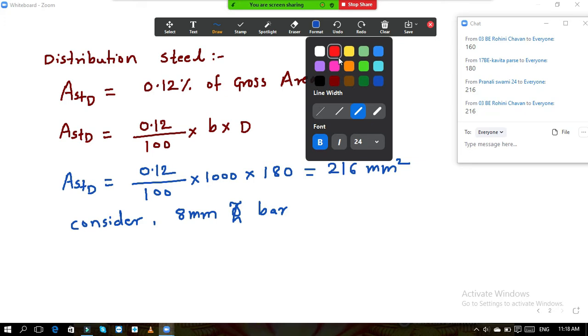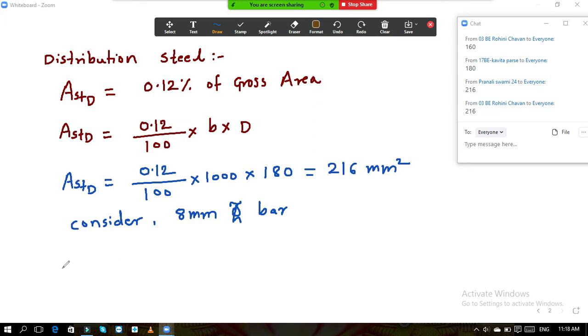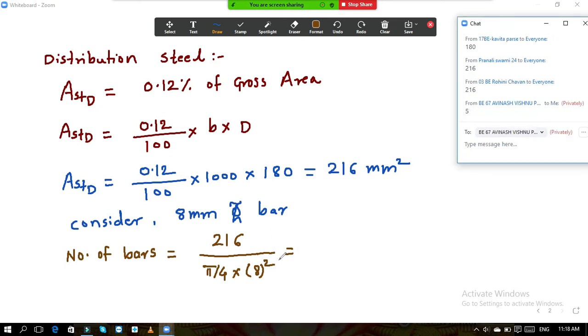So the number of bars is equal to total area divided by area of single bar, pi by 4 into 8 square, as we are providing 8 diameter bars. So let me know the number. How many number of bars are required? 4.29. Okay, so it is 4.29. We will round up this value to 5 numbers.